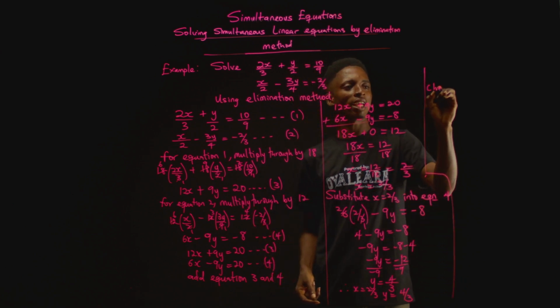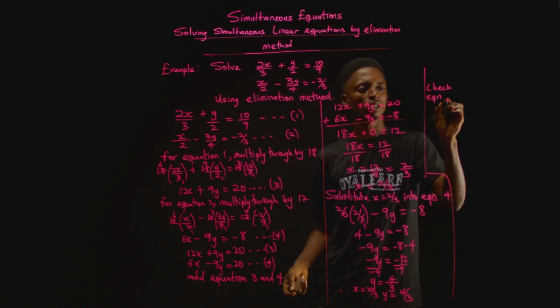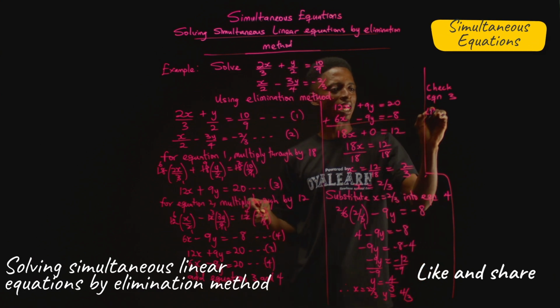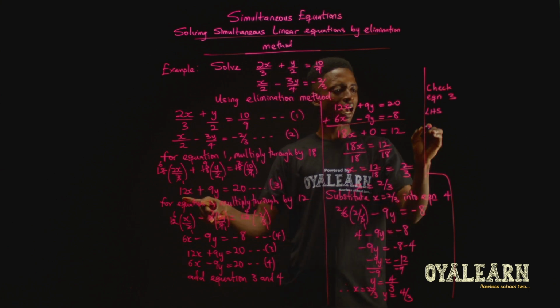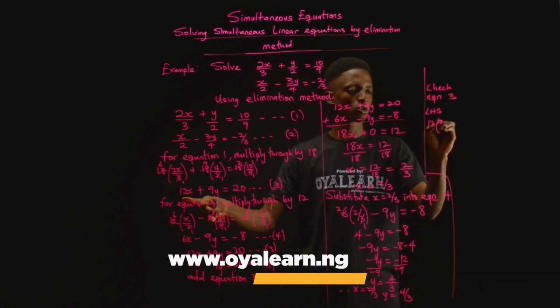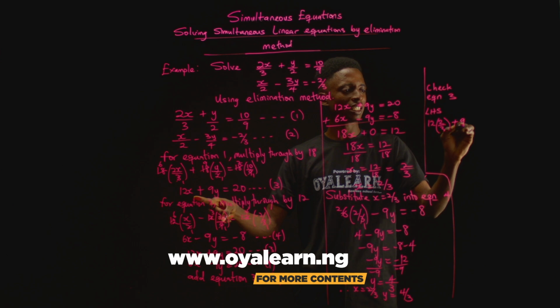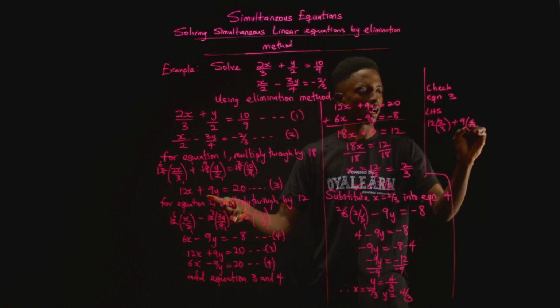So if I should check with equation 3. Using equation 3, on the left hand side of equation 3, I have 12 into the value of x, which is 2 over 3, then plus 9 into the value of y, which is 4 over 3.